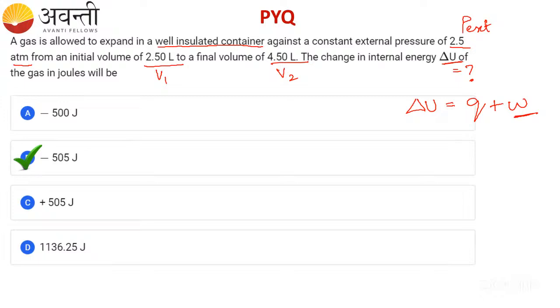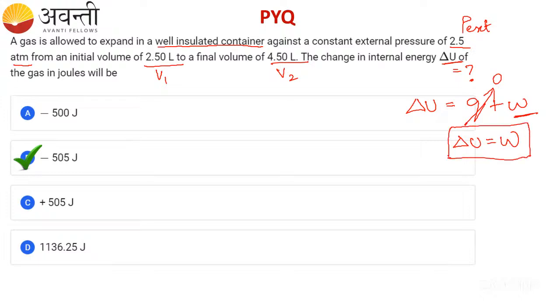Insulated means there is no heat exchange between the system and surrounding. It will not conduct the heat, so it will be zero. So Q goes to 0. So delta U is equal to W.